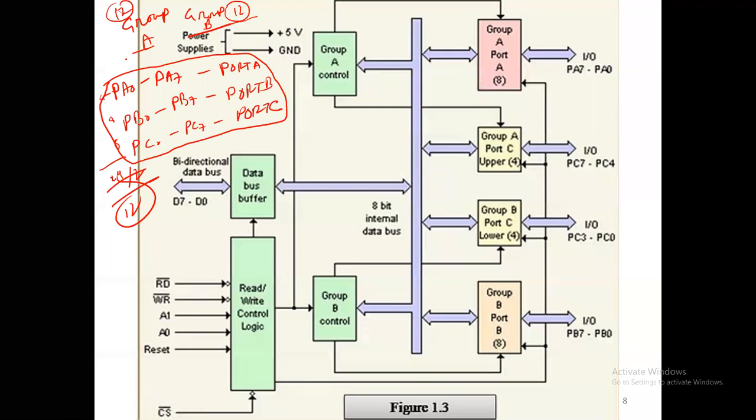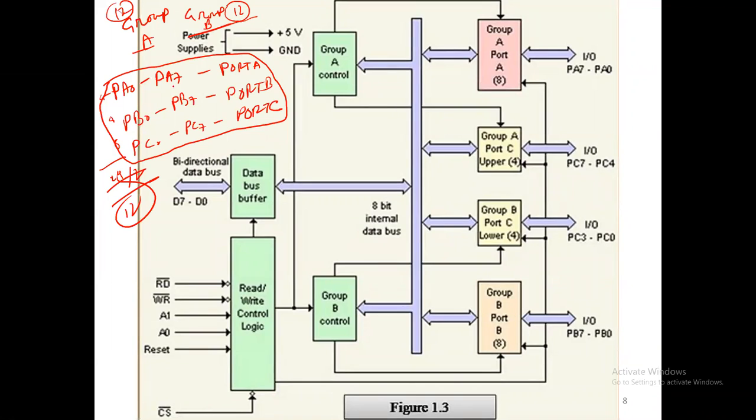Okay, so these 3 ports are used in 2 groups. Group A now has 12 pins and group B has 12 pins. So one port must be divided.